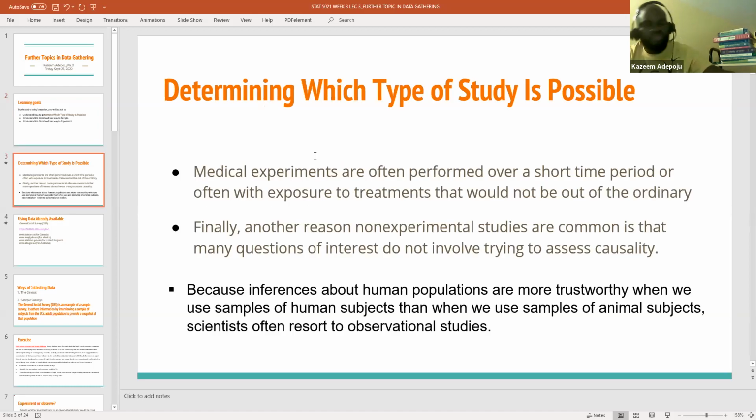Okay, the first thing I want to talk about is determining which type of study is possible. I remember the other time I introduced you to what we call the experimental study and the observational study. And I remember I gave an example where, for instance, you are trying to look at the effect of smoking on health, particularly how smoking could cause cancer.